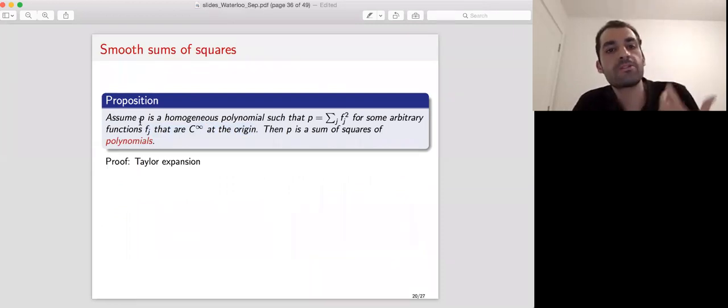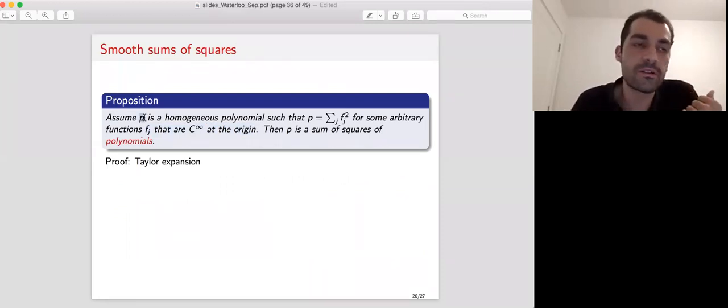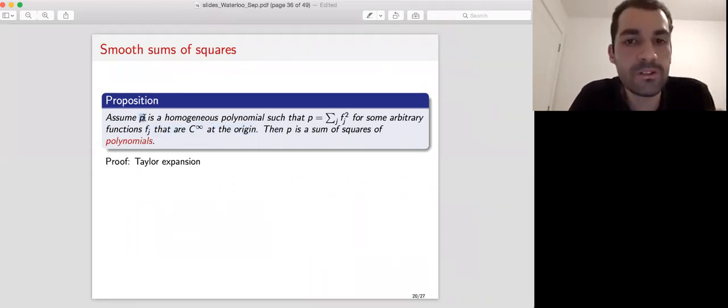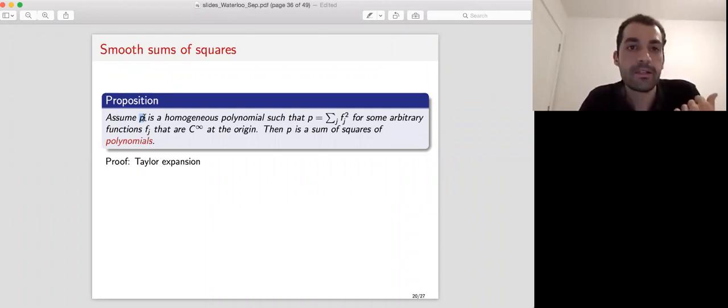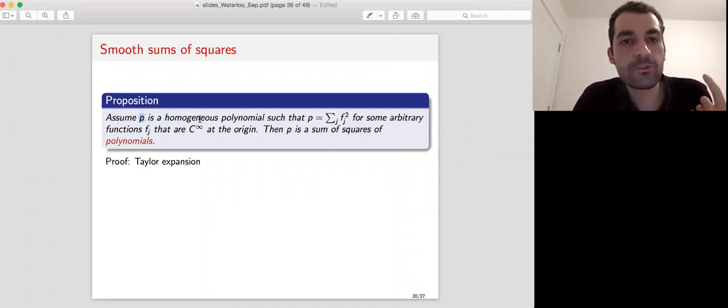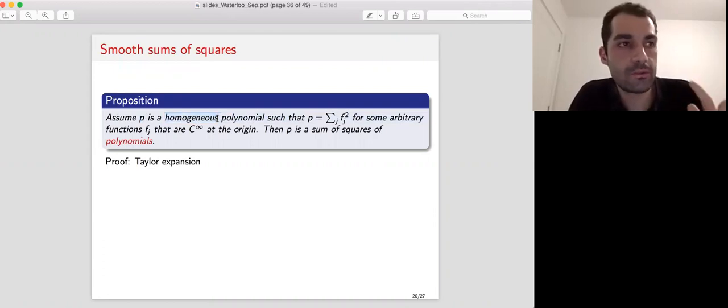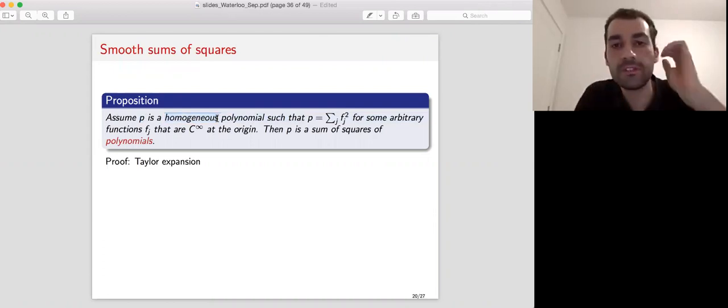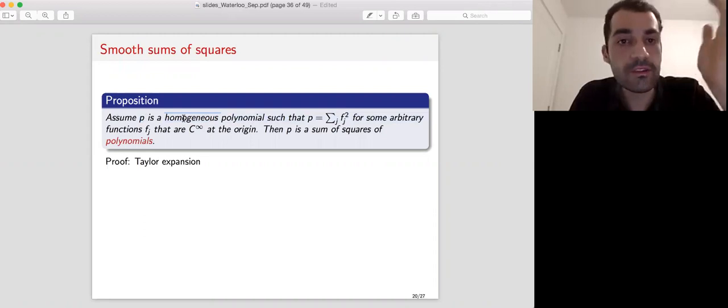Remember that I started with a polynomial p that is non-negative but not a sum of squares. Let's assume for a second that this polynomial p is homogeneous, so all the monomials have the same degree. Then you use this simple lemma to conclude the argument.